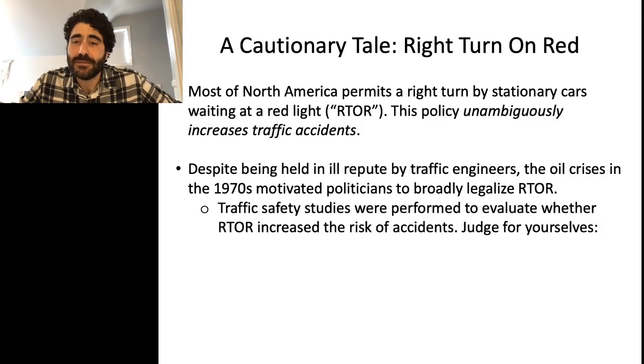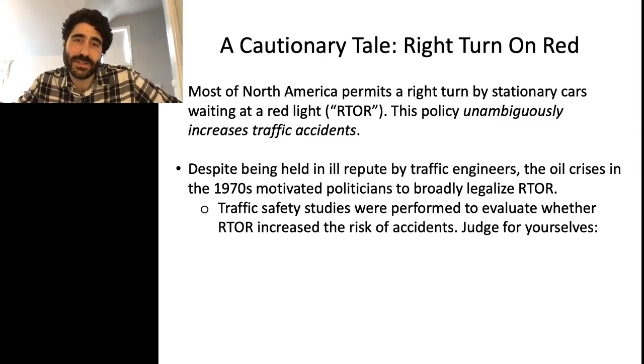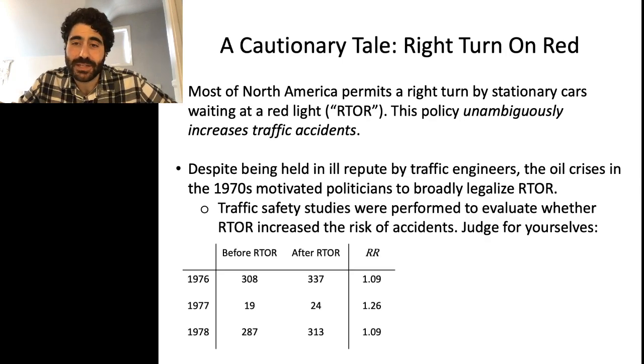They performed some traffic safety studies in a number of ways. One way was that different states were legalizing right turns on red in different years, so they looked at a few intersections before and after legalization. Here's some of the data used in this report. They looked at how many accidents there were before and after the right turn on red policy was enacted.